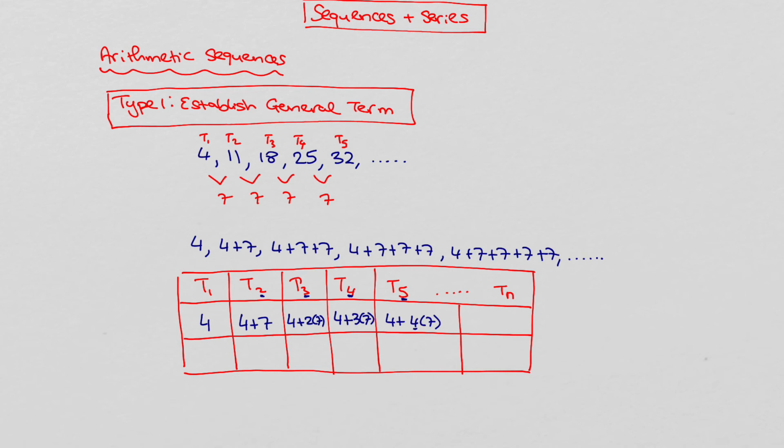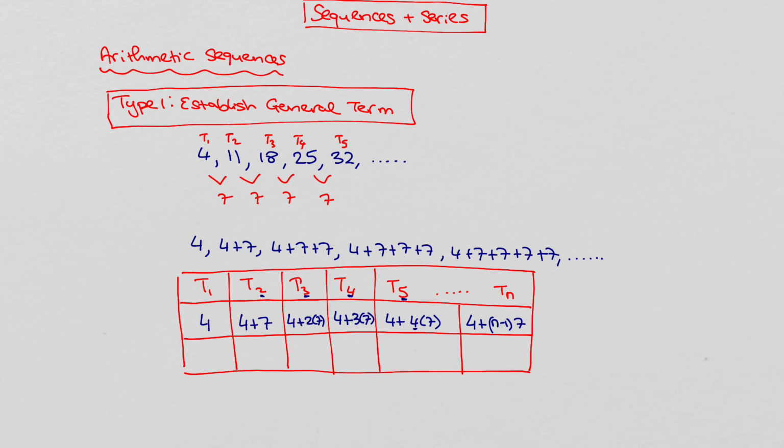So what we should notice is that the term position, the number in front of the 7 is always 1 less. So in other words, if we were to look at T of n, we would expect that to be one number less than n times 7.